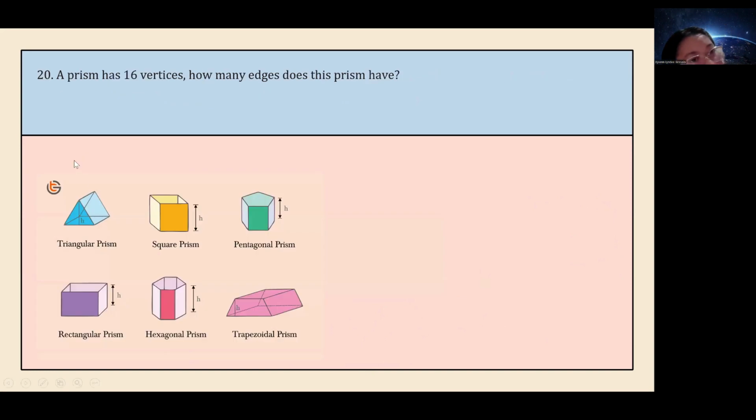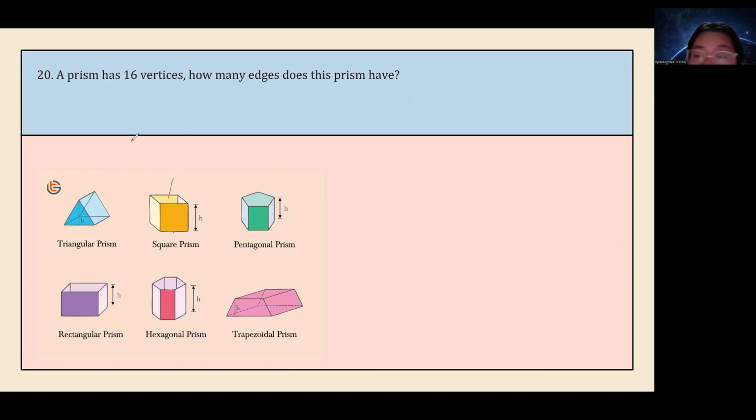Number 20. So a prism has 16 vertices. How many edges does this prism have? Okay, so one important thing that you have to remember about prisms is that prisms will have 2 bases. Okay, a base that is on the top and at the bottom.